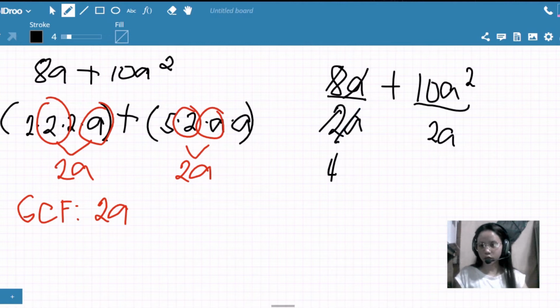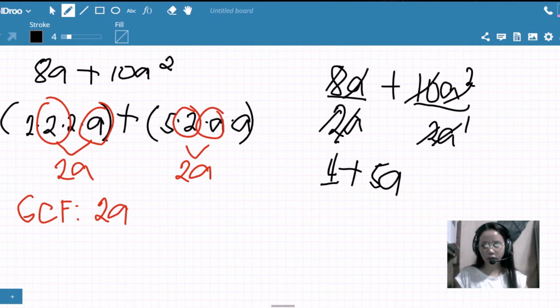So no need to write 4 times 1 because the answer will still be 4. Plus 10 divided by 2 is 5, and then a squared divided by a, we will be left with one copy of a, or simply a. So therefore, our second factor will be 4 plus 5a.